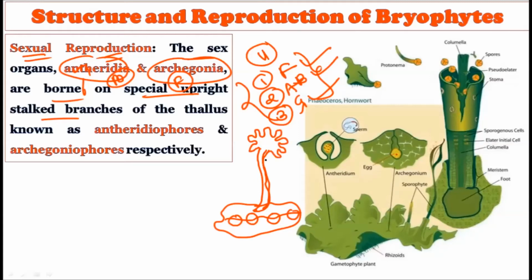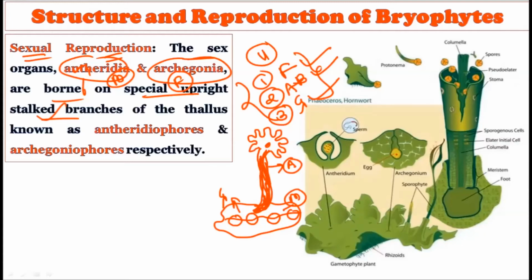So this is the antheridiophore which is attached to the gametophyte. So consider this is a gametophyte, this is an antheridiophore. Okay, and this is a male gametophyte, and that is why it is creating the antheridiophore. All right, now consider the special upright stalk branches. They are stalk branches. This shows the presence of stalk like this. Okay, this is the stalk portion.